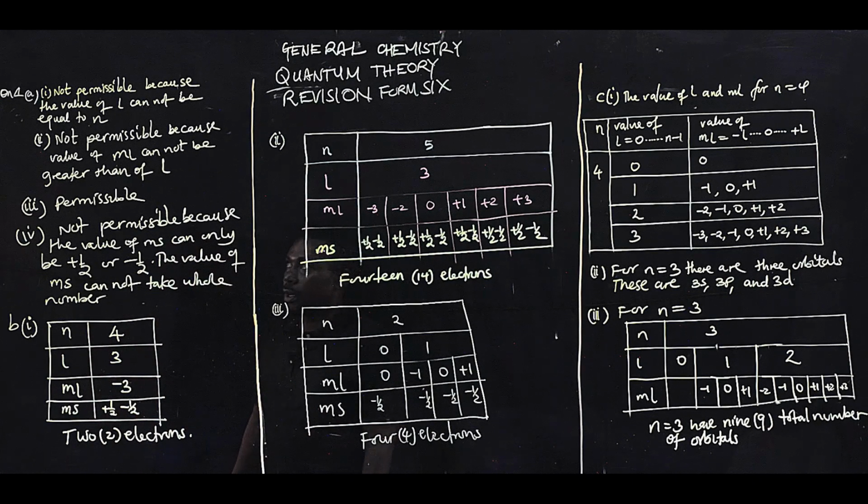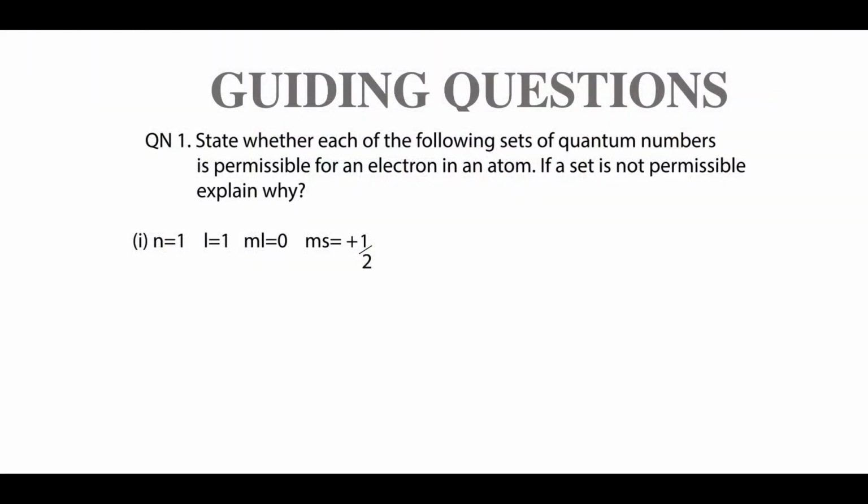Question number 1, Roman 1: given the set n is equal to 1, l is equal to 1, ml is equal to 0, and ms is equal to positive 1/2.